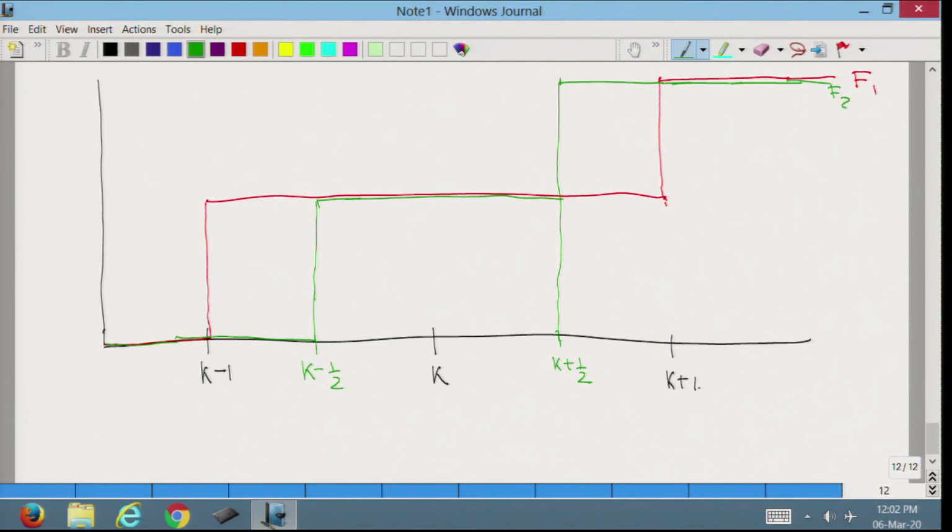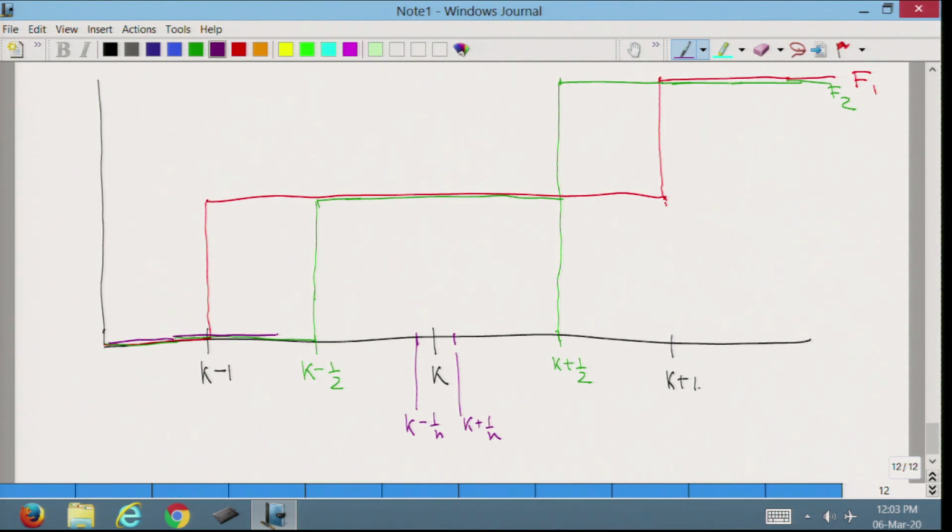Therefore, this is the shape of f2. What is going to be the CDF of say k minus 1 upon n when n is large? Let us call this value k minus 1 upon n and this value k plus 1 upon n, then its CDF will look like this.